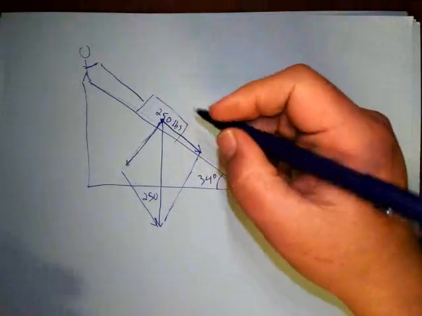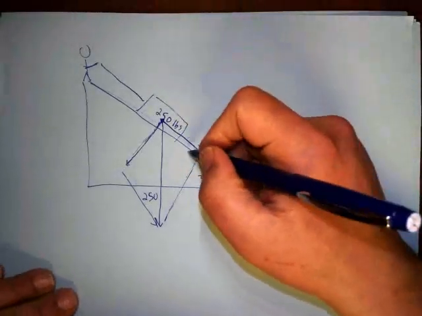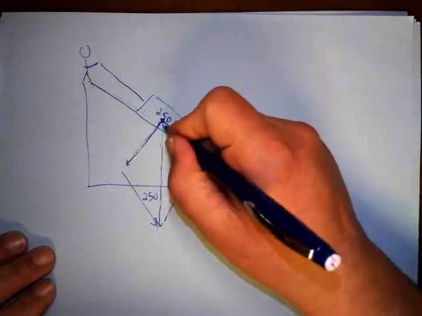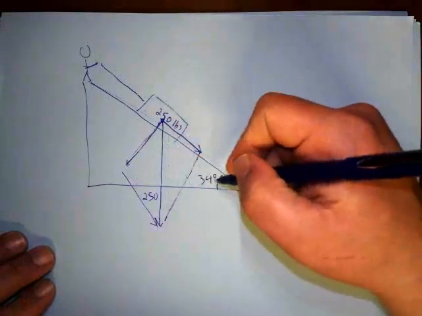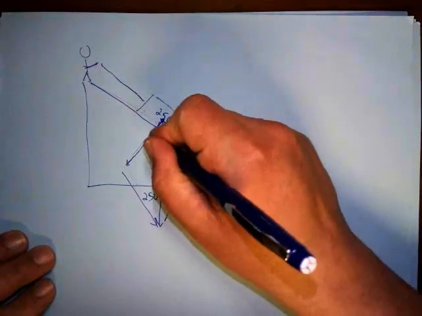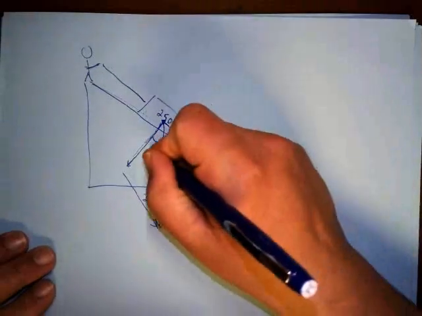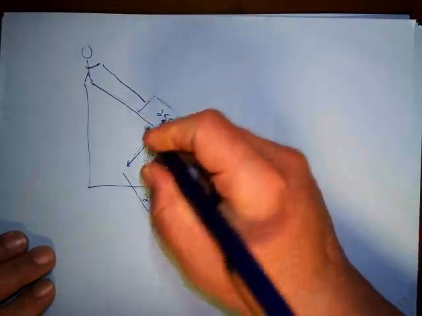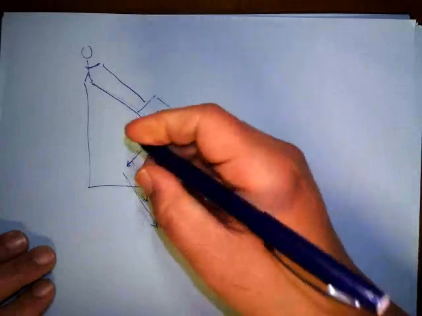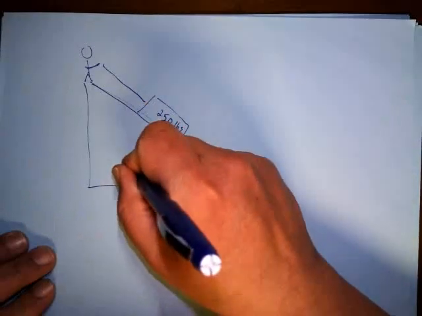And then what you get here is that these two are perpendicular to the ramp, so this is 34 degrees like that, and then this angle is going to be the right angle.